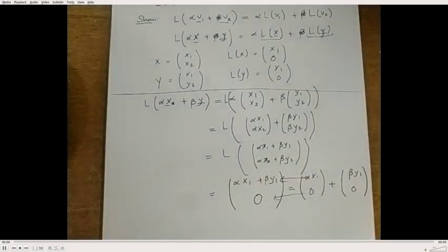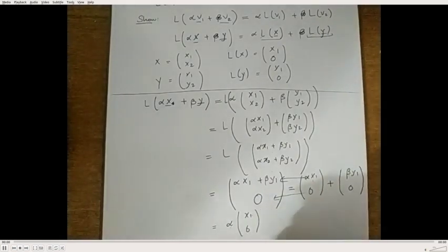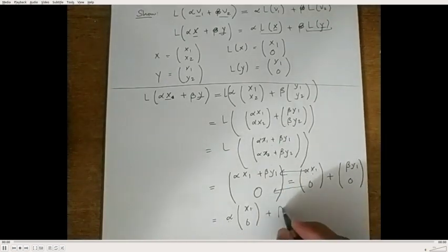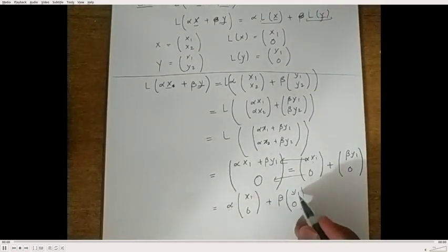And now I can take alpha outside. I can say this was simply alpha times (x1, 0), because alpha times x1 is alpha x1 and alpha times 0 is 0. I'm still good. I can take beta outside as well, taking it common, and so this becomes beta times (y1, 0).